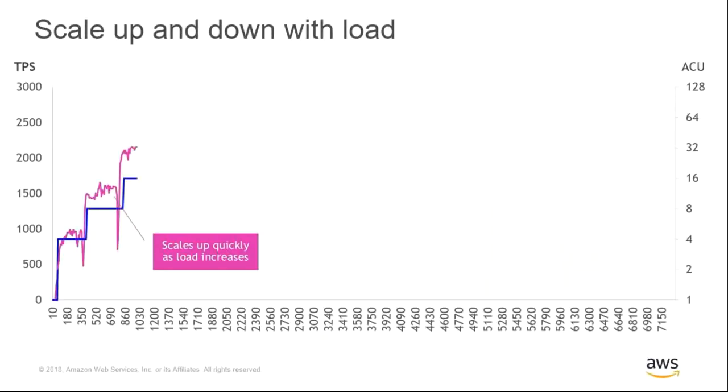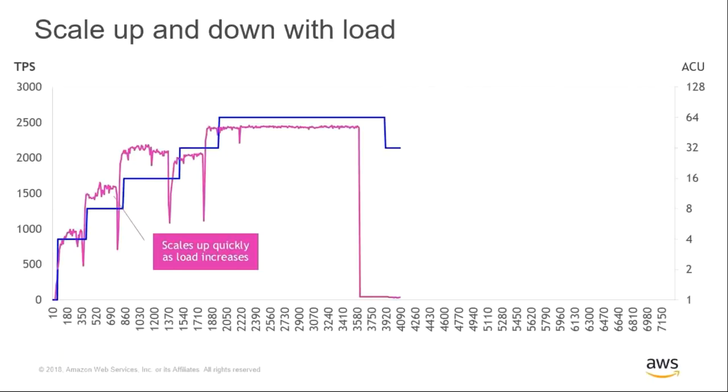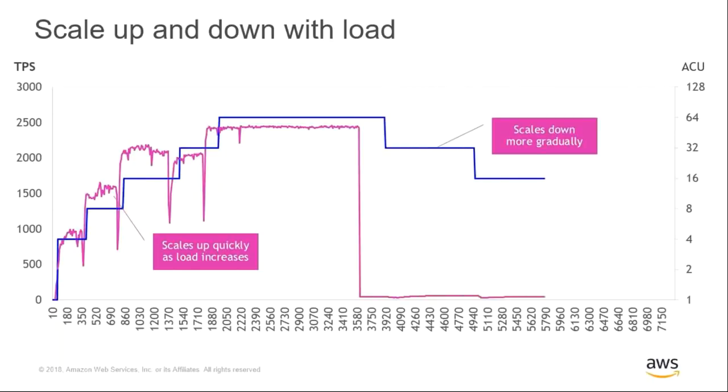A comment about how we do the scaling is that generally we try to scale up pretty quickly when the load increases. And we scale down a little bit more gradually when the load starts to decrease. So it's always a set of steps, obviously, because there are certain instance sizes. Each of them has a certain number of CPU cores and memory and so on. That's why you see the blue line, which is a set of steps.